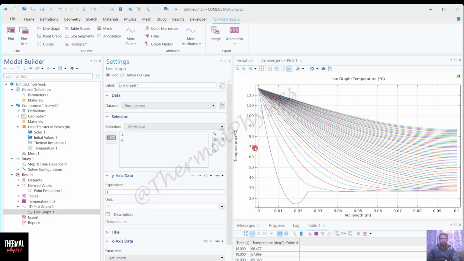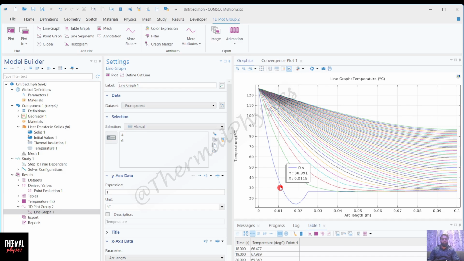Now here we have to ignore the t equal to 0 time, because we have to cover in a separate video why there is this initial fluctuation. Briefly, the entire domain was initially at 300 Kelvin and the left edge was suddenly applied with 400 Kelvin.